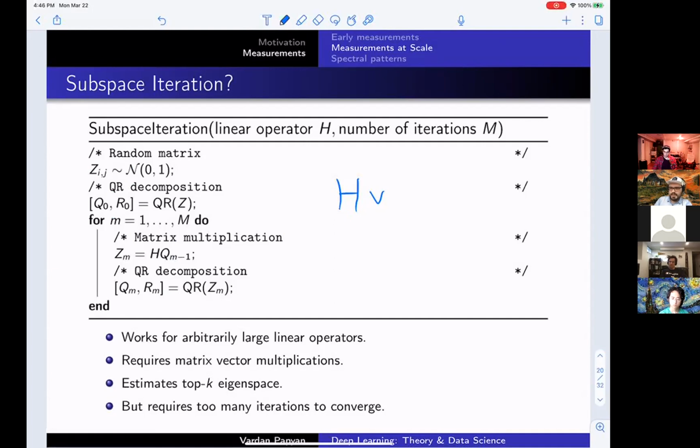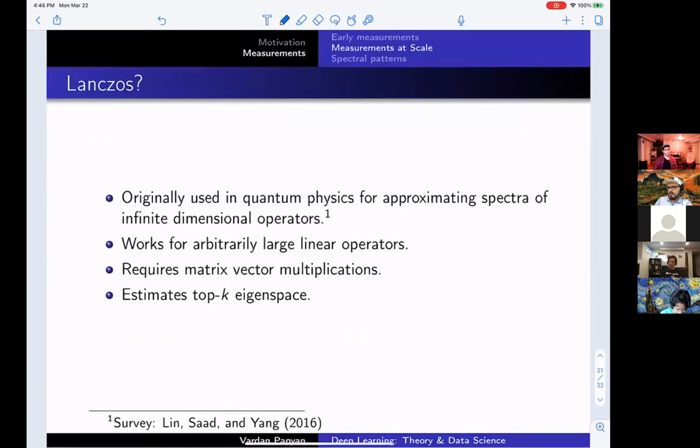So basically, think of subspace iteration as a generalization of the power method. Now, there are other algorithms which also allow you to calculate the top eigenspace. One of them is the Lanczos algorithm.